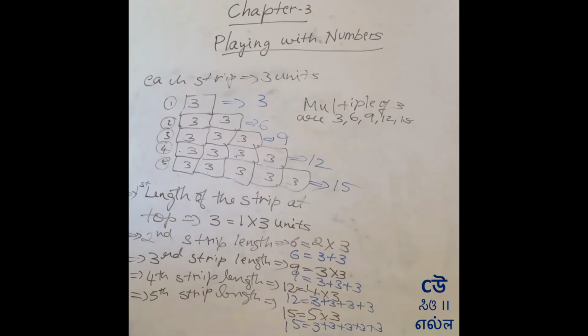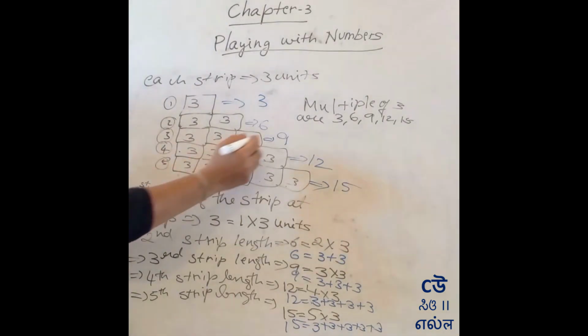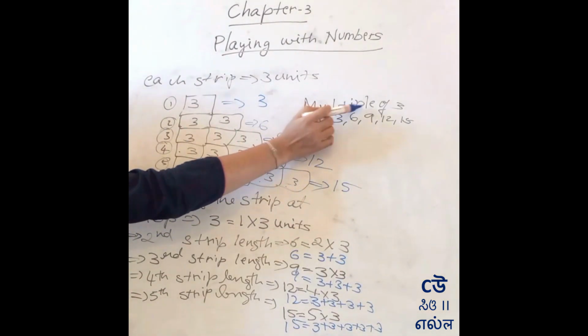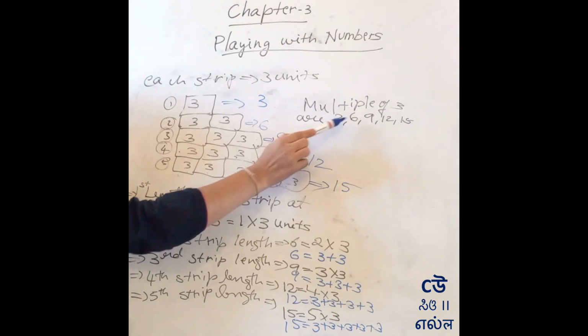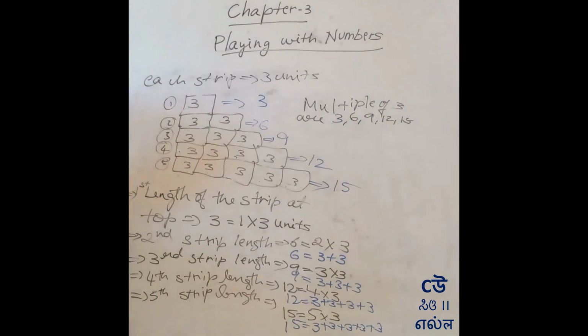We can conclude that a multiple of a number, see here, multiples of 3 we have equal to 3 and greater than 3, right? So this you have to keep in your mind.